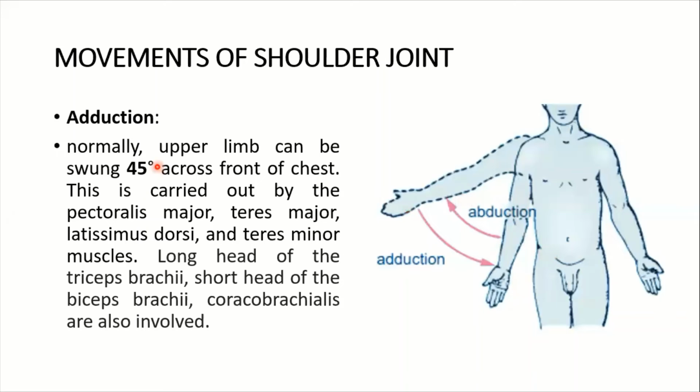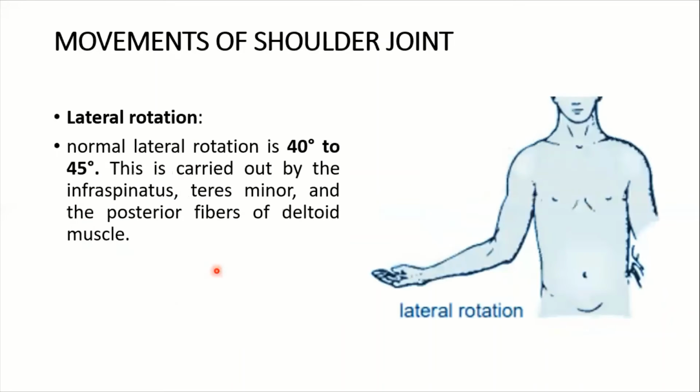Normally the upper limb can be swung 45 degrees across the front of the chest. This is carried out by the pectoralis major, teres major, latissimus dorsi, and teres minor muscles. Long head of the triceps, short head of the biceps brachii, and coracobrachialis are also involved. These are the muscles of the adduction, I tell you.